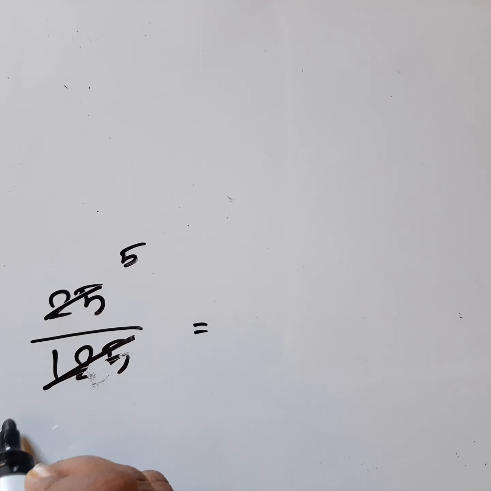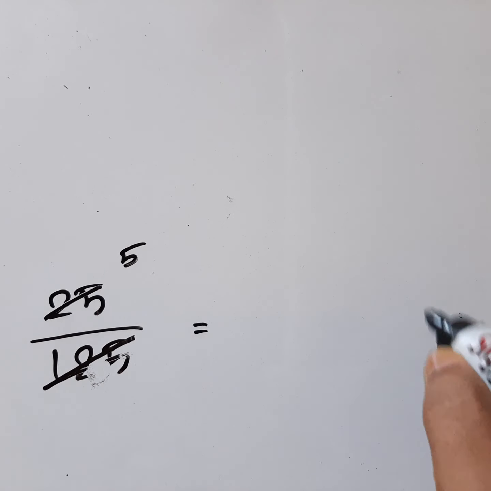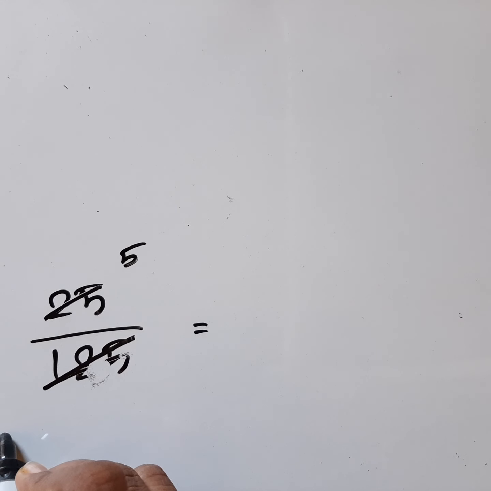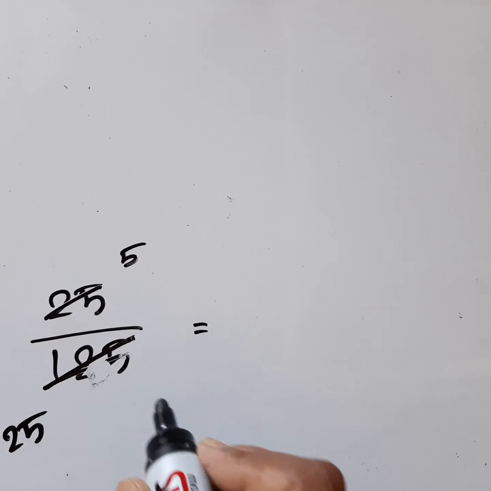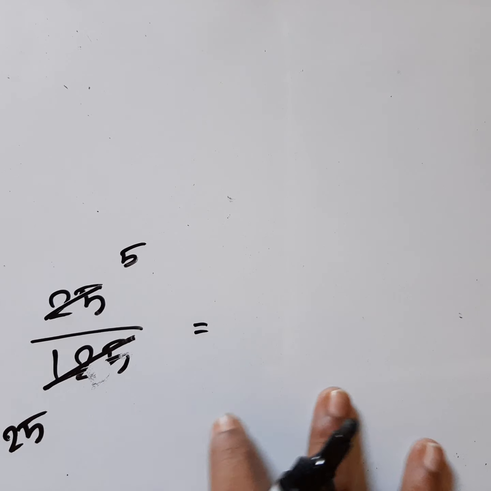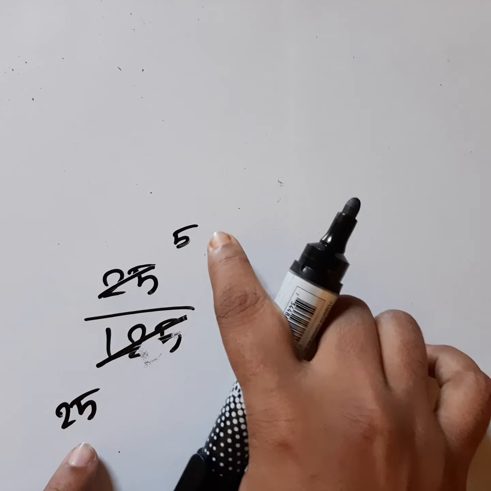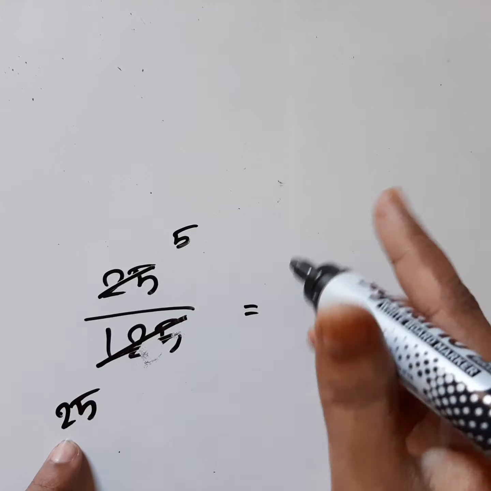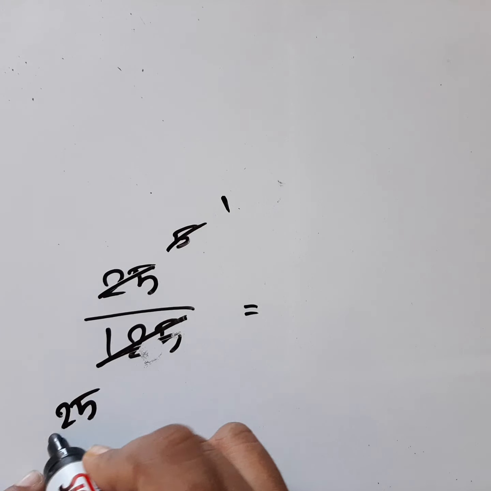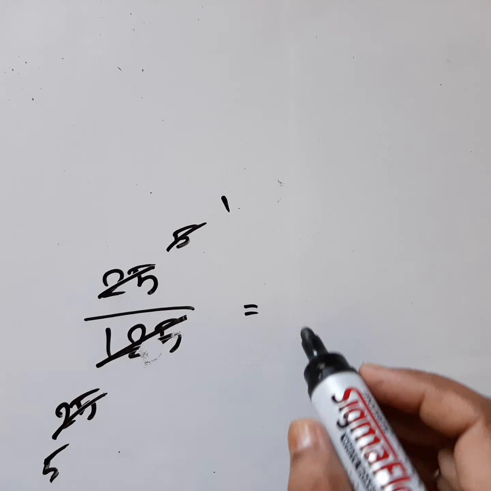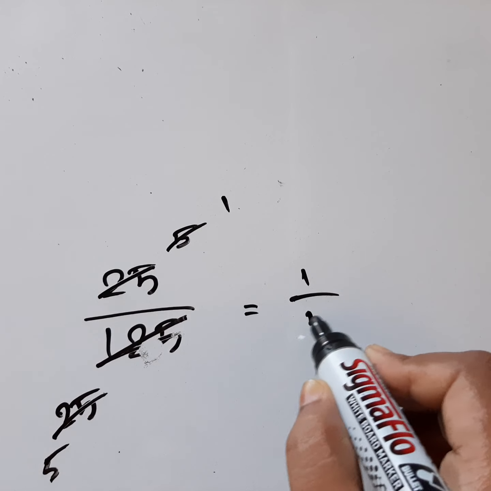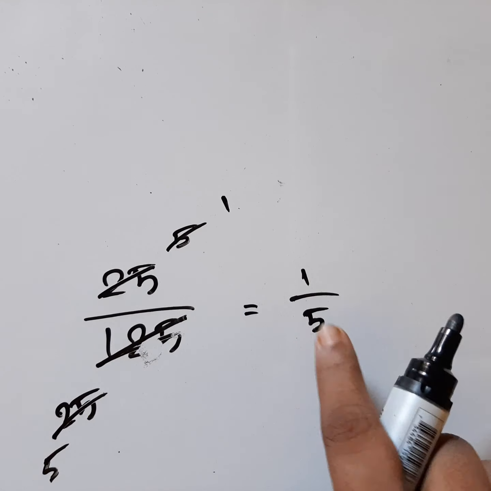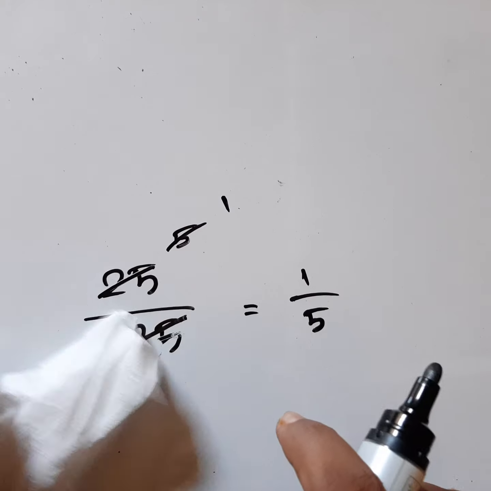So I'm not going to do the rough part over here. This one is 2 and 5, so you can see we have 25 and 5 over here. Now again this number can be cut, again with 5. 5 ones are 5 and 5 fives are 25. So the lowest term of this fraction will be 1 by 5. This is how we do that kind of math.